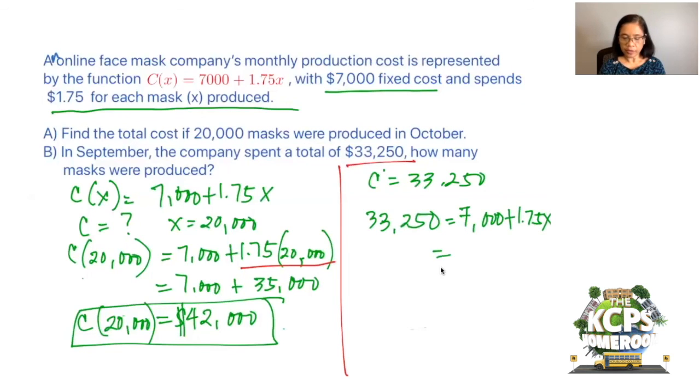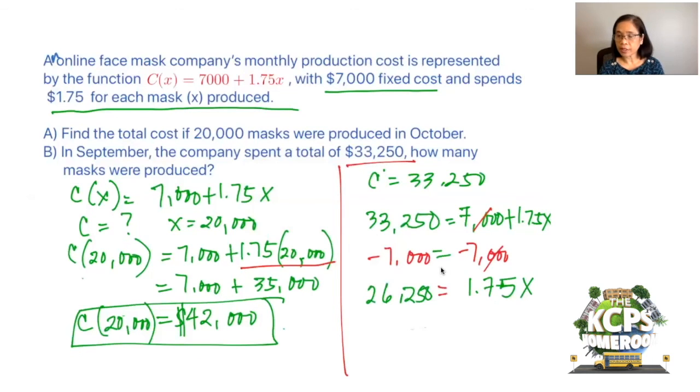We're going to subtract 7,000 from both sides to eliminate 7,000 here. And this will leave us 1.75x on one side. And here it will be 26,250. Again, please double check my computation.